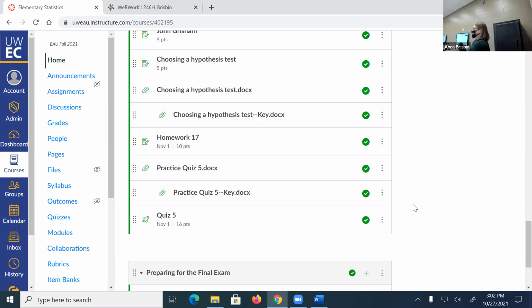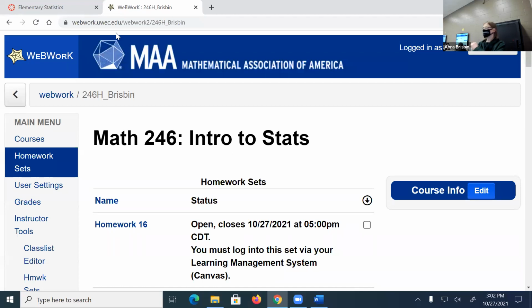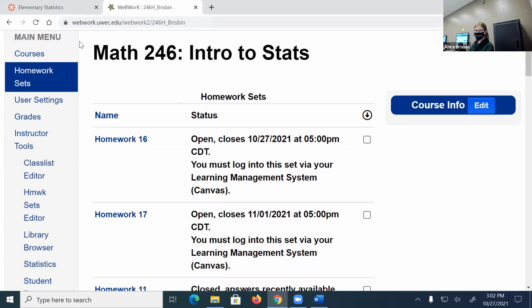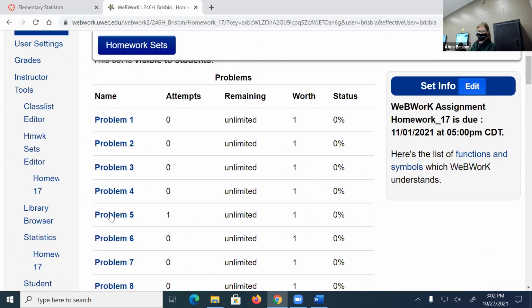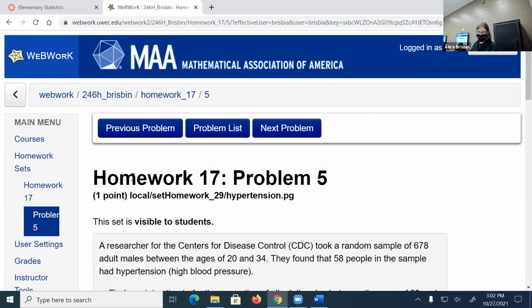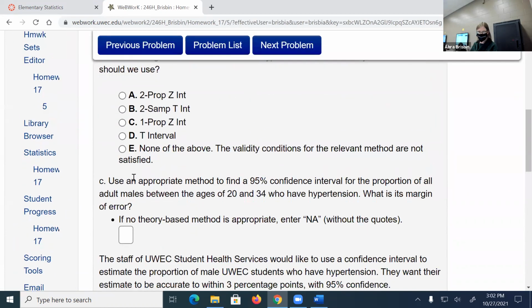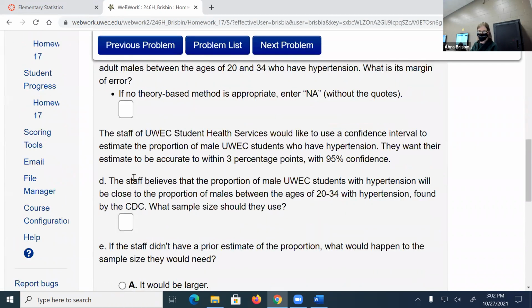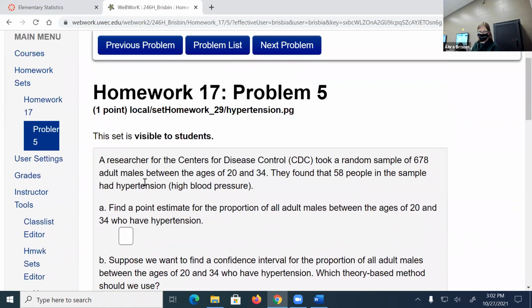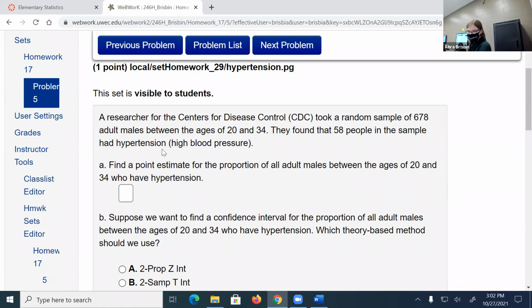All right, are there questions about the homework? Allison: For homework 17, do problem 5 part D. Homework 17, problem 5, part D. Okay, so we are looking at the proportion of all adult males between the ages of 20 and 34 who have high blood pressure.